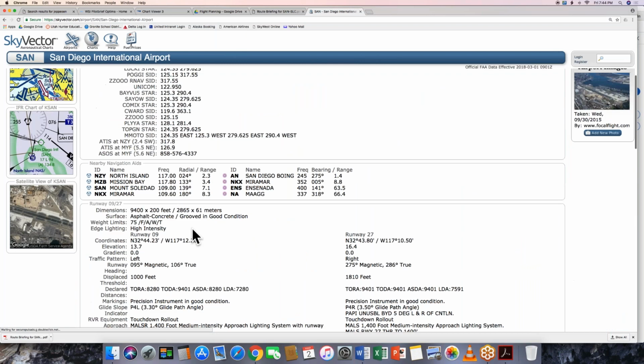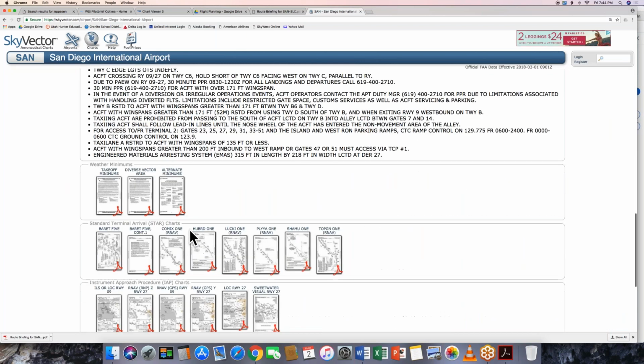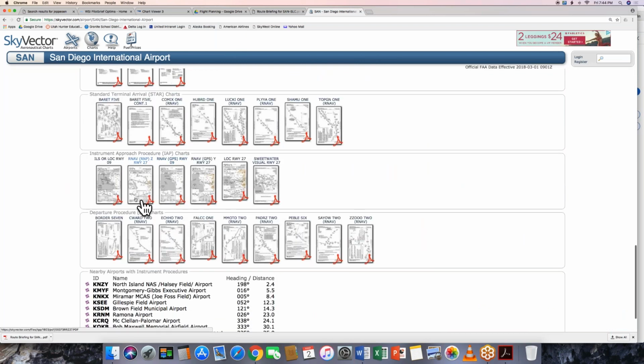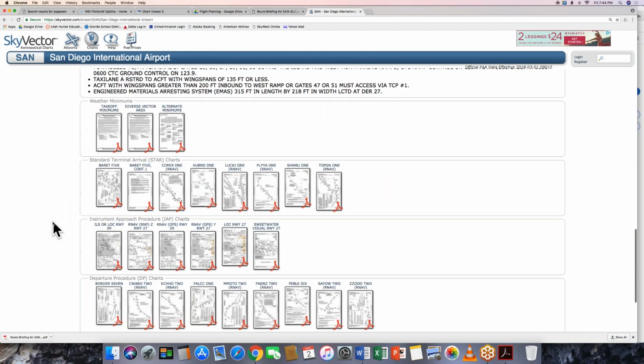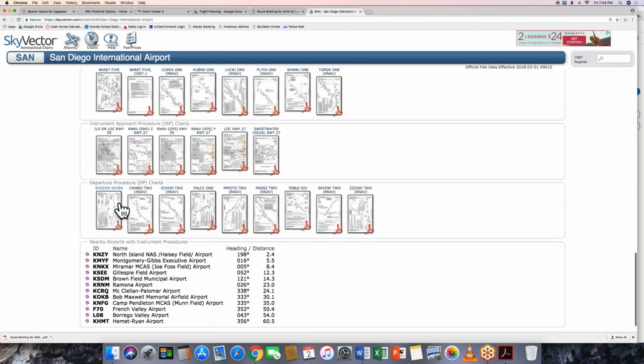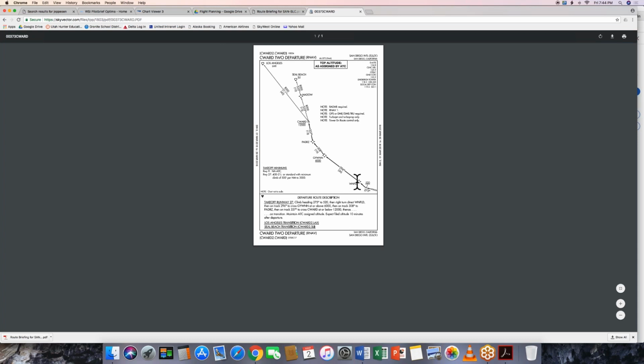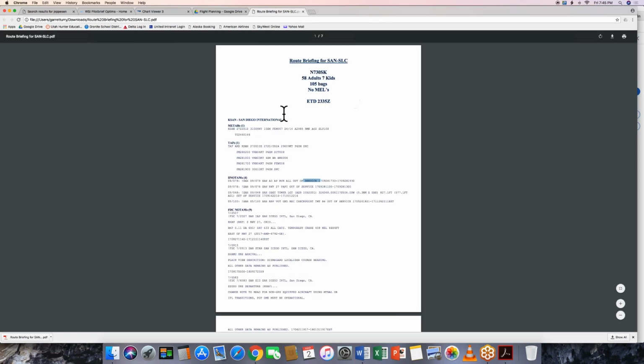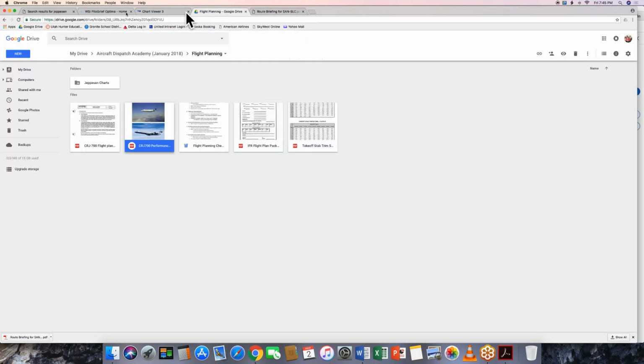So the first thing we'll do is we'll go pick out a SID. Okay. So we come down here, to our departure procedures. Remember, in this class, we don't use RNAV departures. This is what an RNAV departure looks like. There's no VOR. There's VORs out here, but it's all GPS waypoints. So we just won't use those in this class for our flight planning.